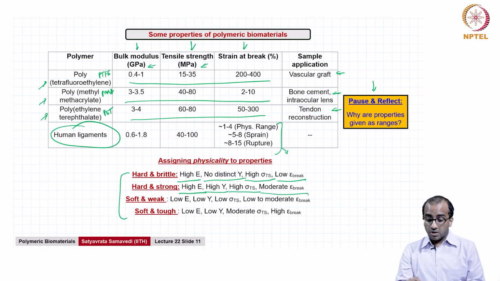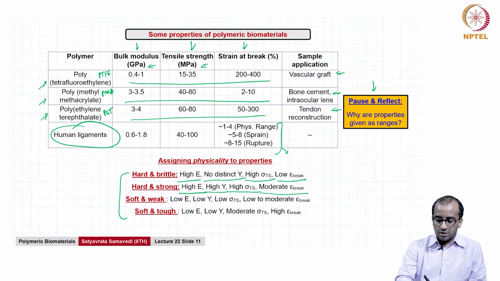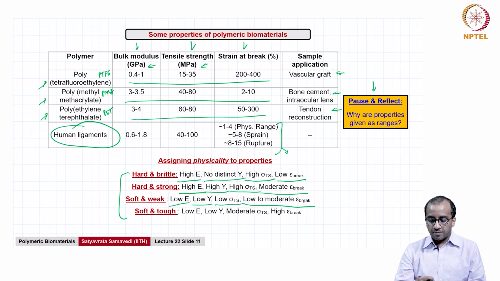So, if you have these kinds of features on a stress strain curve, that material could possibly be classified as a hard and strong material. Now, you can also have soft and weak materials with low modulus, low yield, low tensile strength and low to moderate strain at break. And of course, you can have soft and tough, which is low elastic modulus, low yield, moderate tensile strength and very high strain at break, like we have seen for many of the elastomers.